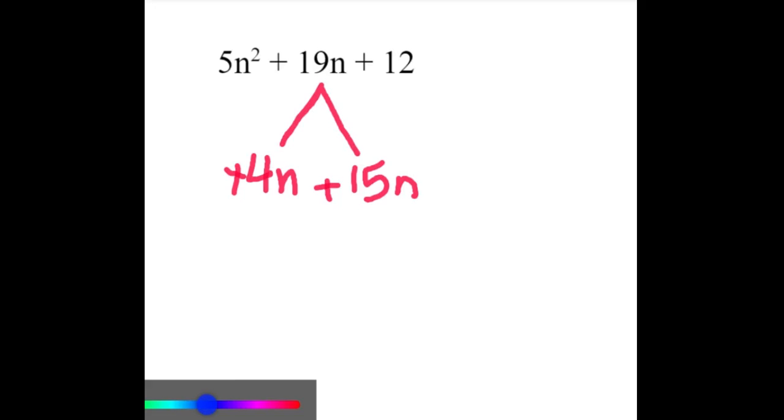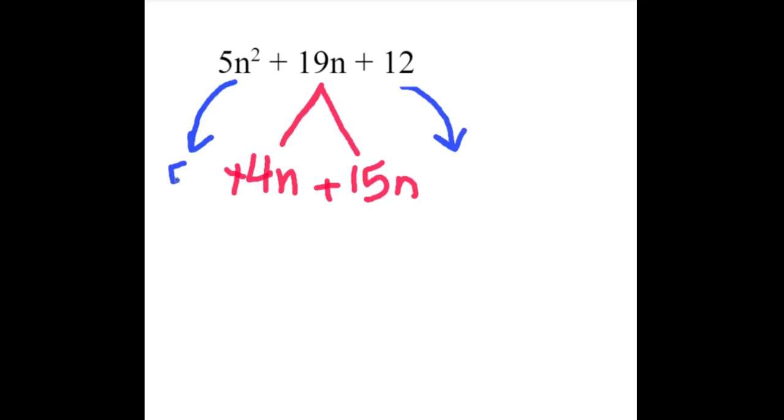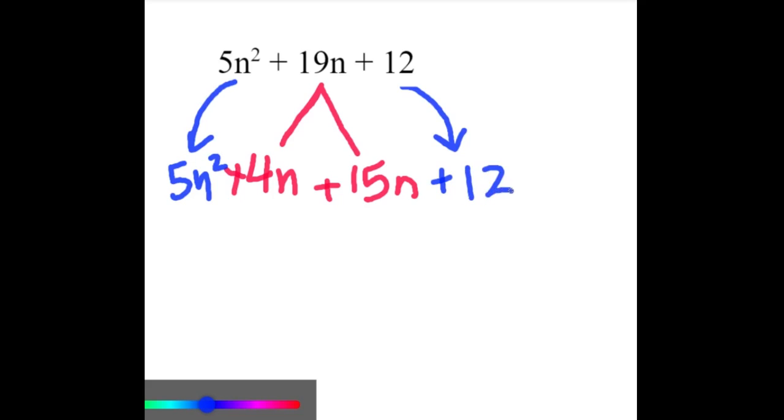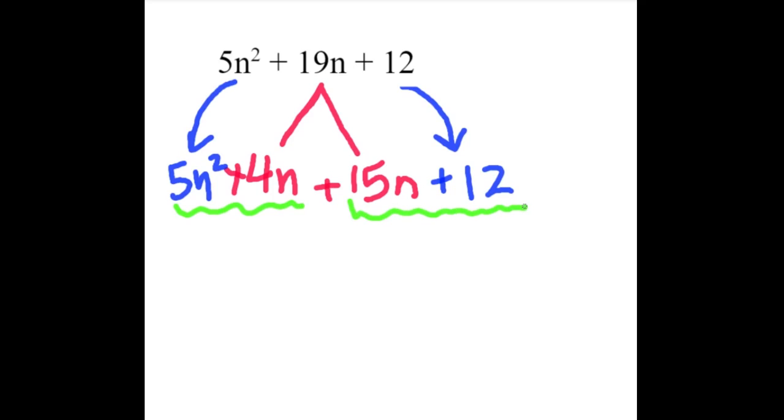Then I'm going to drop the 5n squared and the 12. So I have 5n squared here and positive 12 here. Now you're going to take the first group and the second group. Don't forget this plus sign, that matters as well.